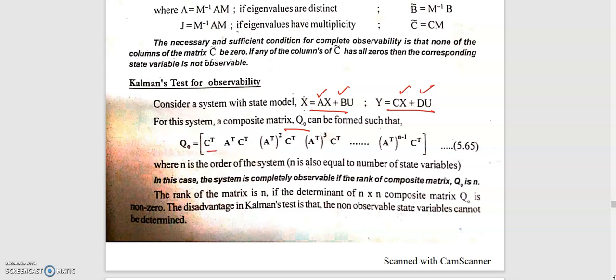QO is given by C transpose, A transpose into C transpose, A transpose squared into C transpose, up to A transpose raised to n minus 1 into C transpose. Form this matrix, then find the determinant of this matrix QO. If the determinant is non-zero, your system is completely observable. That is the condition. So we will see one problem.